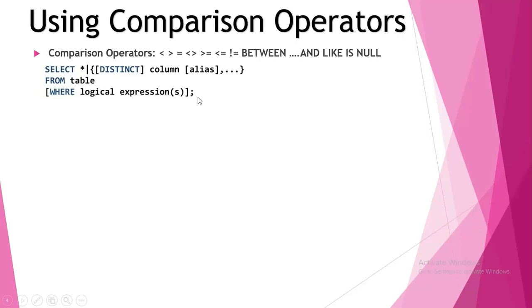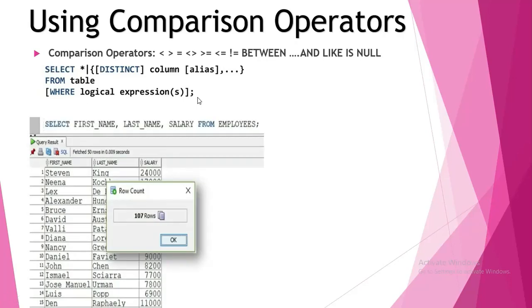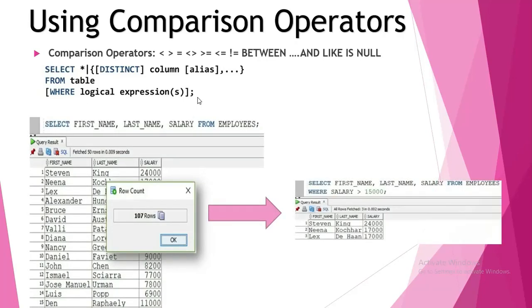In Oracle SQL we always end the query with a semicolon. On the left we fetch all the details from the employees table, and on the right we apply a WHERE condition where salary is greater than 15,000. So it fetches only the details of employees whose salary is greater than 15,000. This is one example.